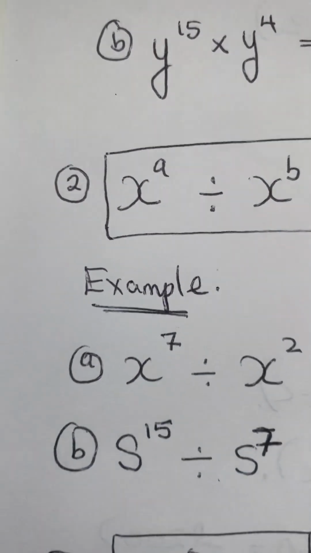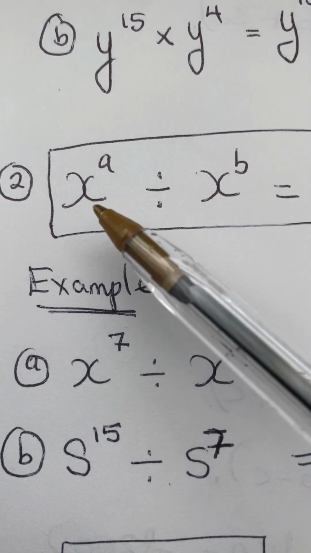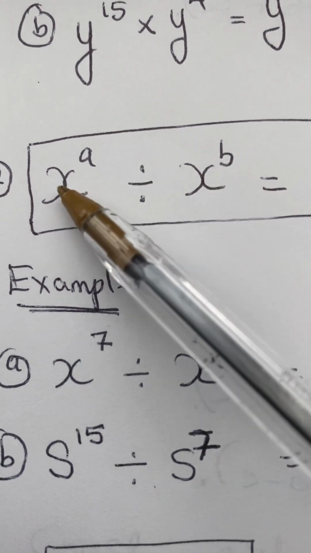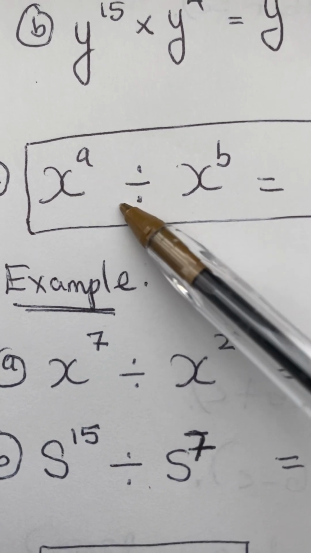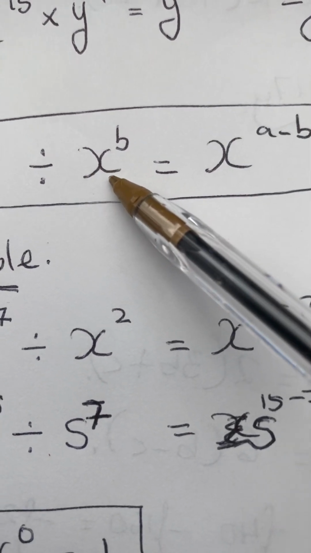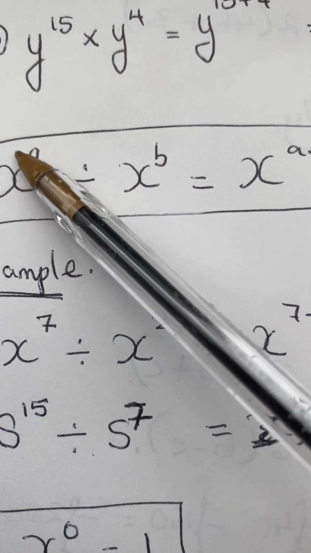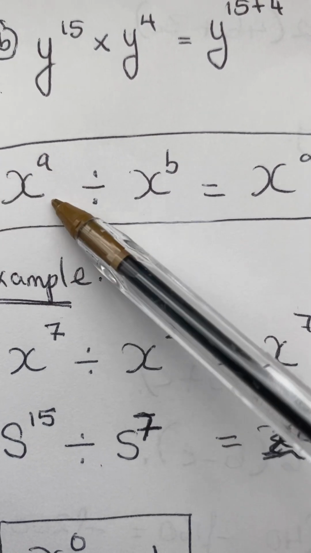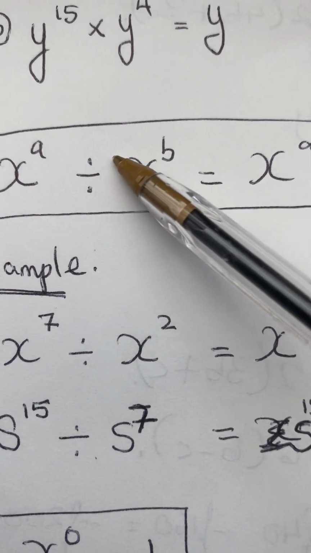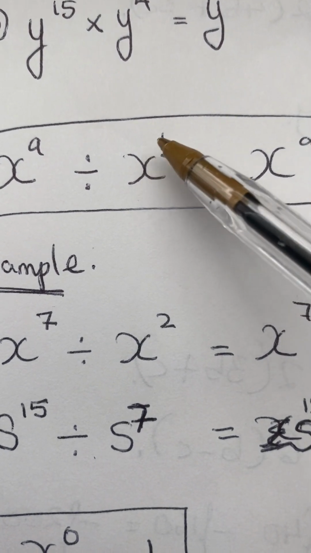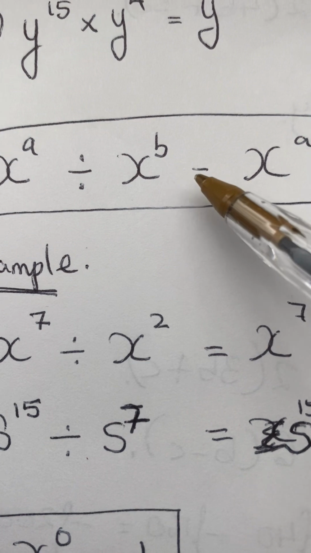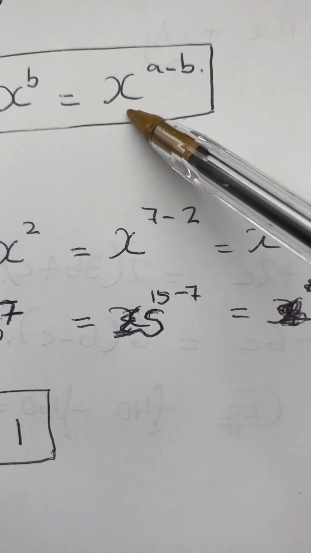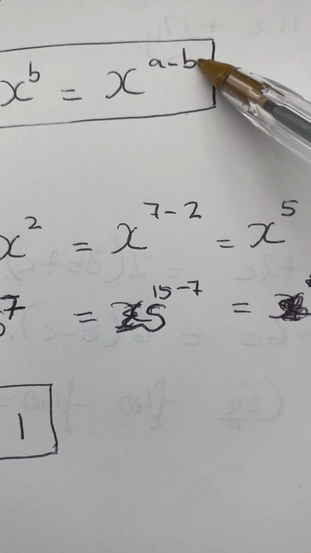Our second rule concerns dividing. So x to the power a divided by x to the power b. As long as you have the same like terms with the powers, you can always write this as x to the power a minus b.